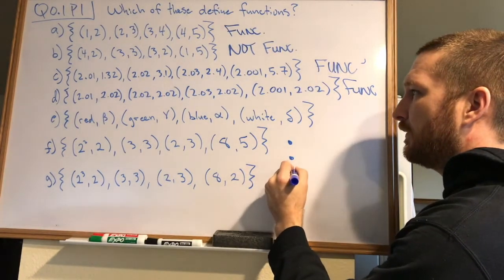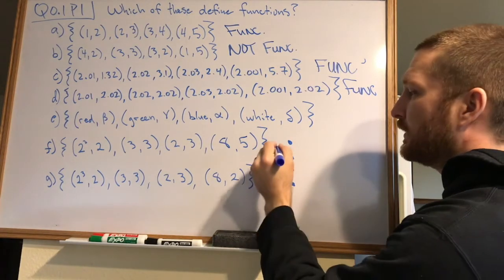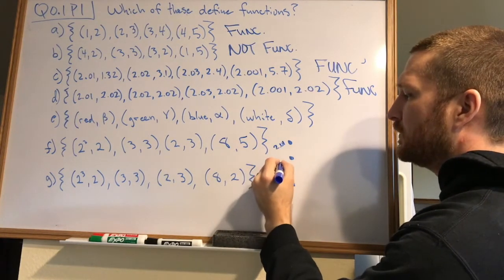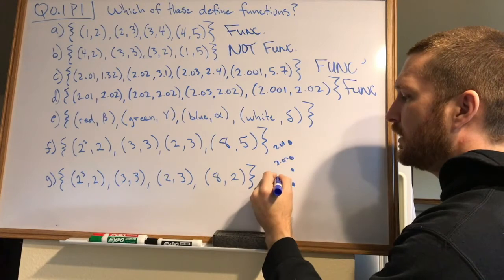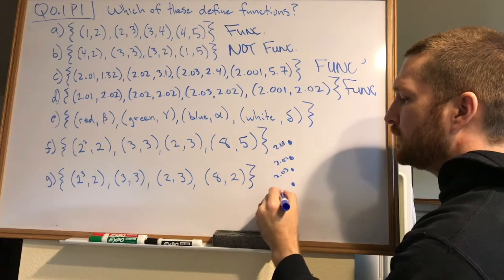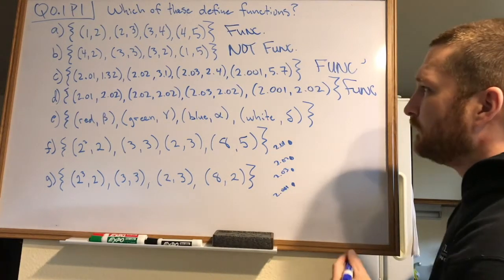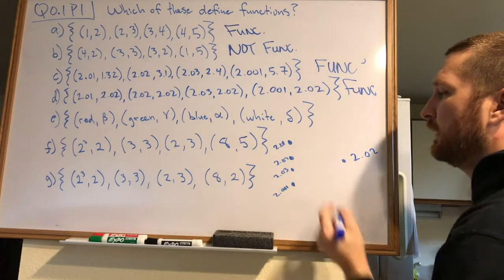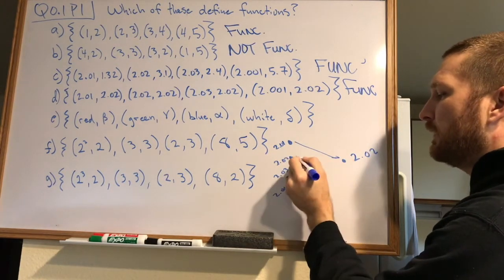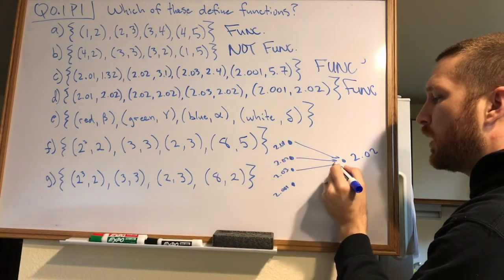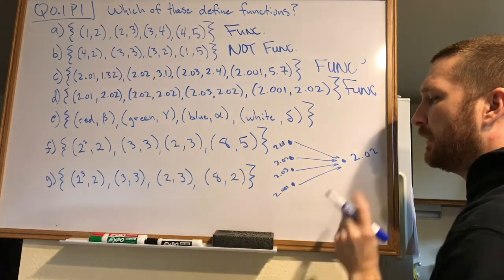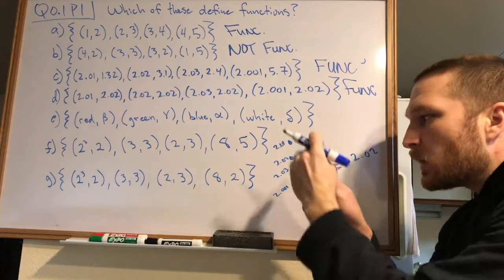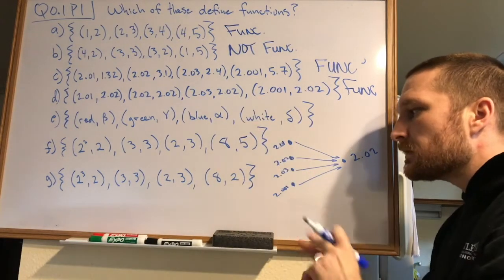We have 4 different inputs. There's 2.01, 2.02, 2.03, 2.001, and we have one output, 2.02. Every one of them gets mapped to that one output, but there's not any one of them that goes to two different places, right?